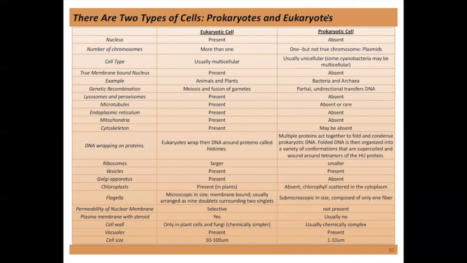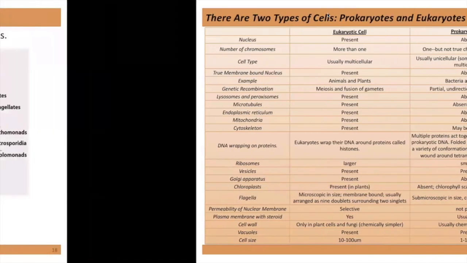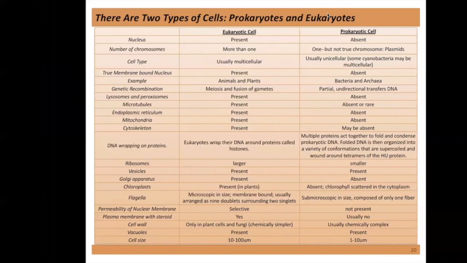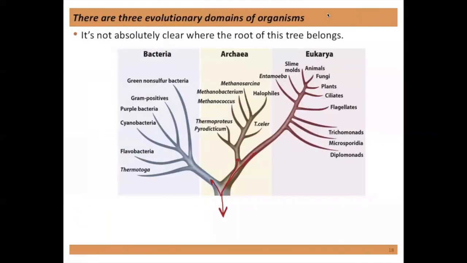And if you find anything about life, you'll find that there are exceptions to a lot of the things listed here. So if we go back to this chart, some of the things that we find, like these here, you'll also find bacteria that have flagella as well.